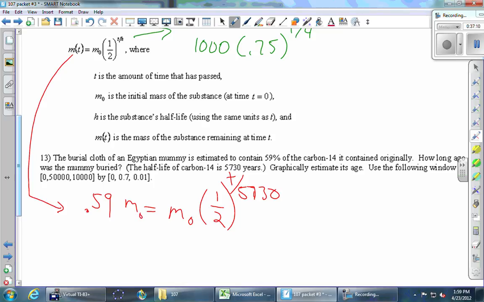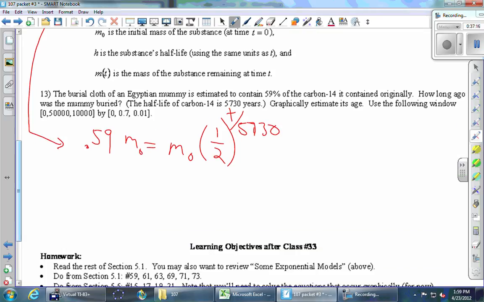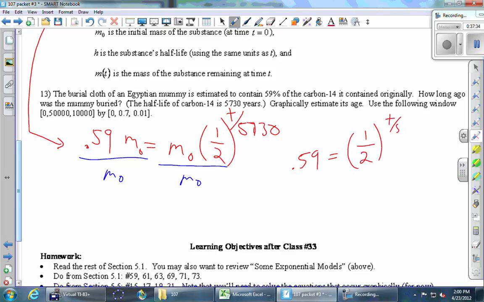You have M0 that you began with. Currently, you have 59% of it. What's the first thing you can do to simplify this equation? Divide everything by M0, and all of a sudden, those things go away. So we get 0.59 equals 1/2 to the T over 5,730.